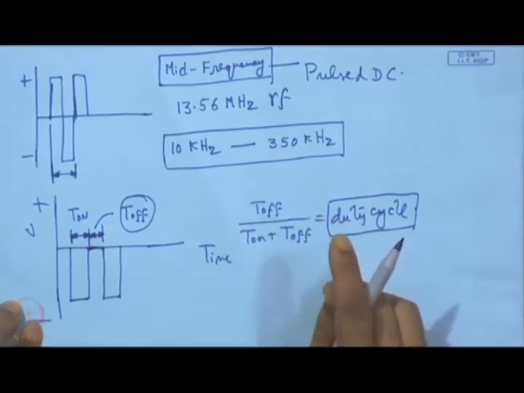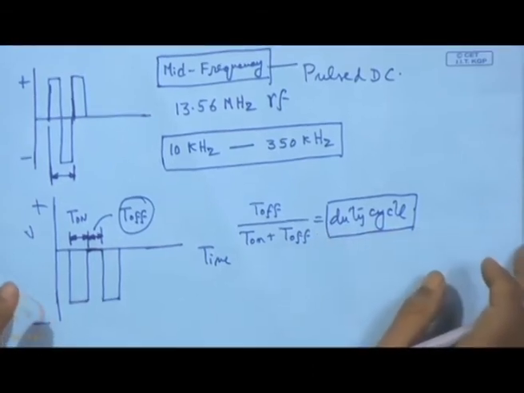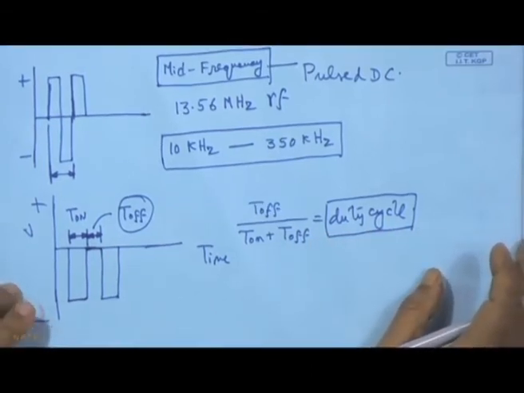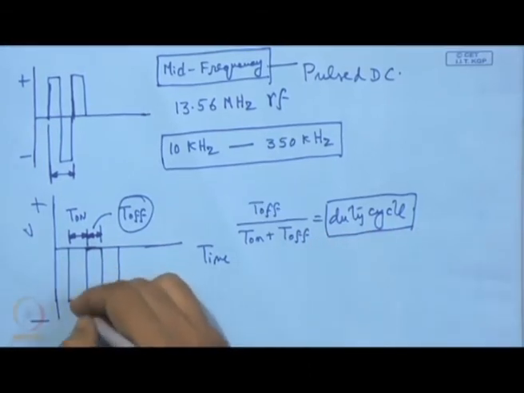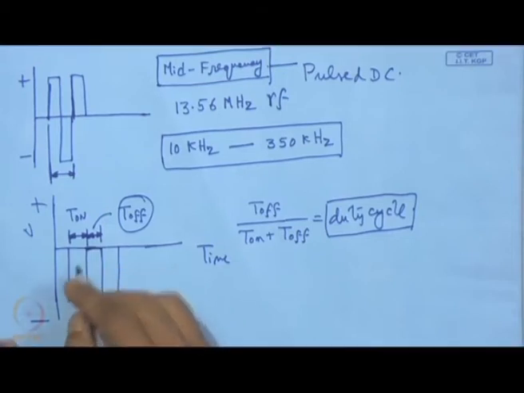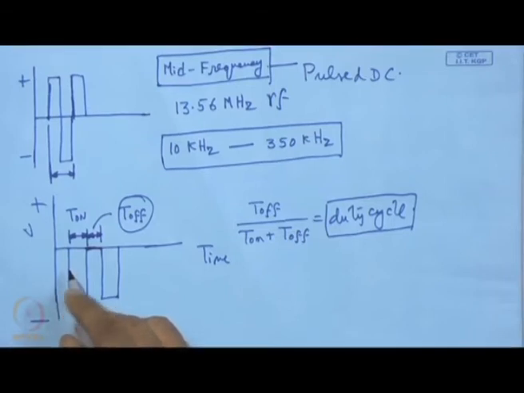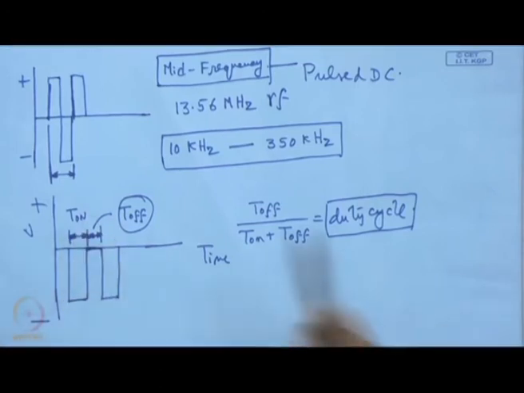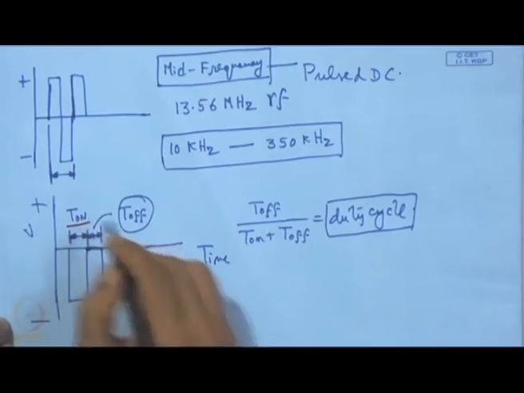Actually, what is going to happen? One must understand here that when we negatively polarize, there is accumulation of charge, whether it is RF or pulse DC. But since we do not allow this thing to happen for a very long period, one can see that by this T on.